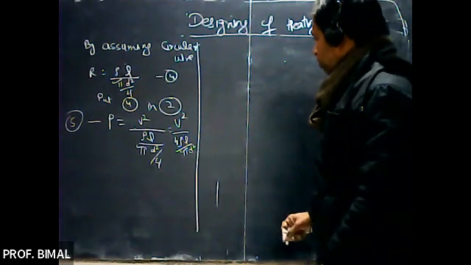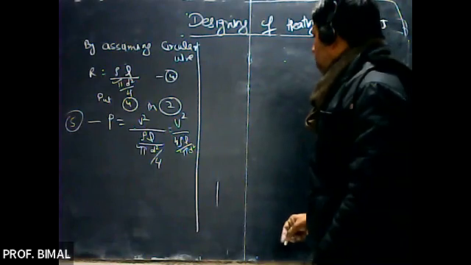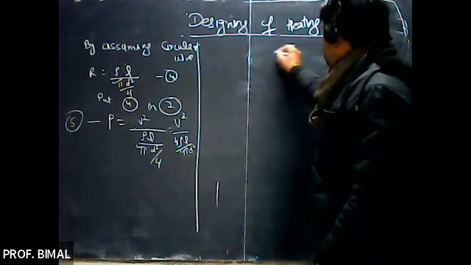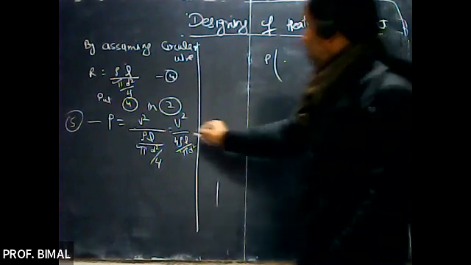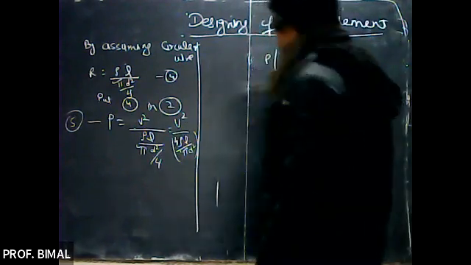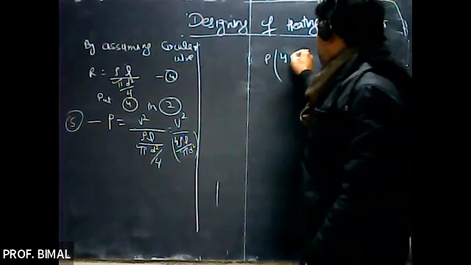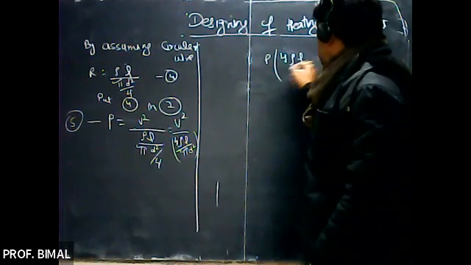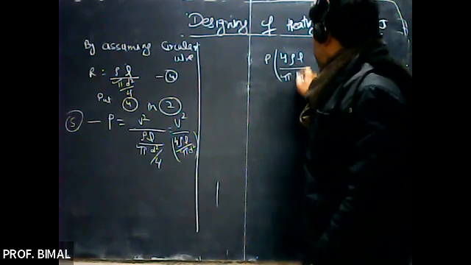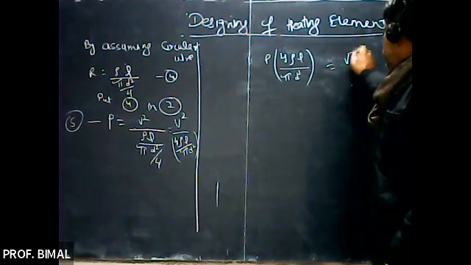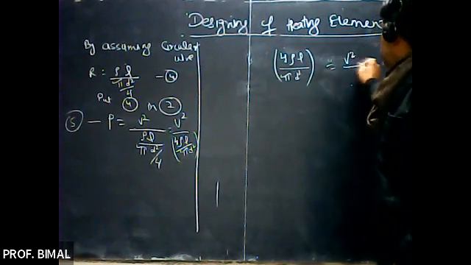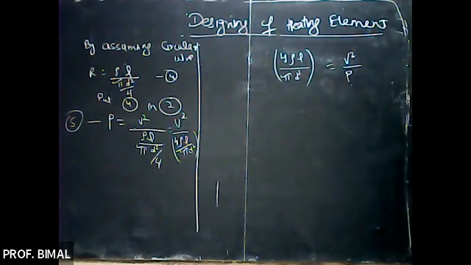So from this denominator, you will get P into this complete term. This will be moved on the other side. So this will become 4 rho L over pi d square, equal to V square, or V square upon P is equal to 4 rho L over pi d square.